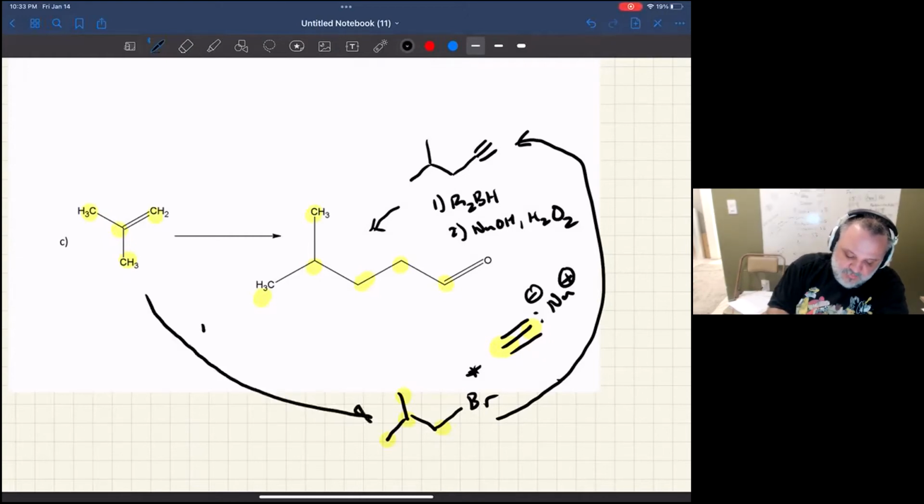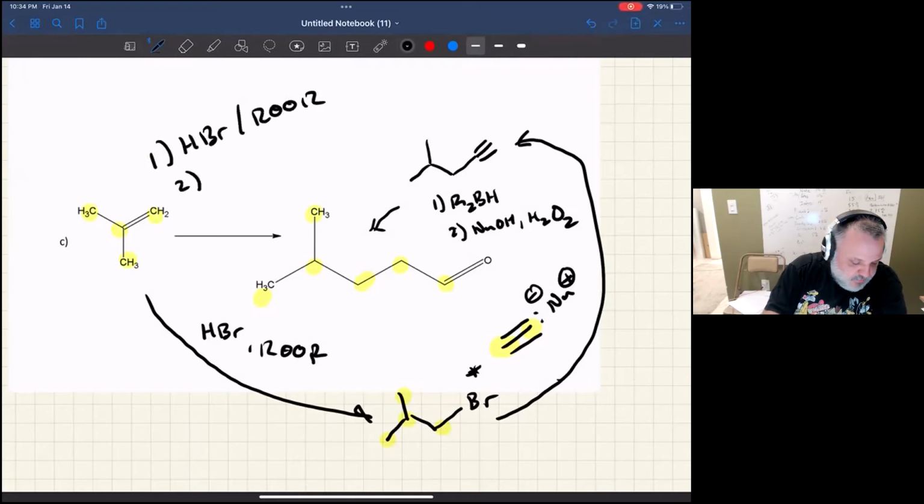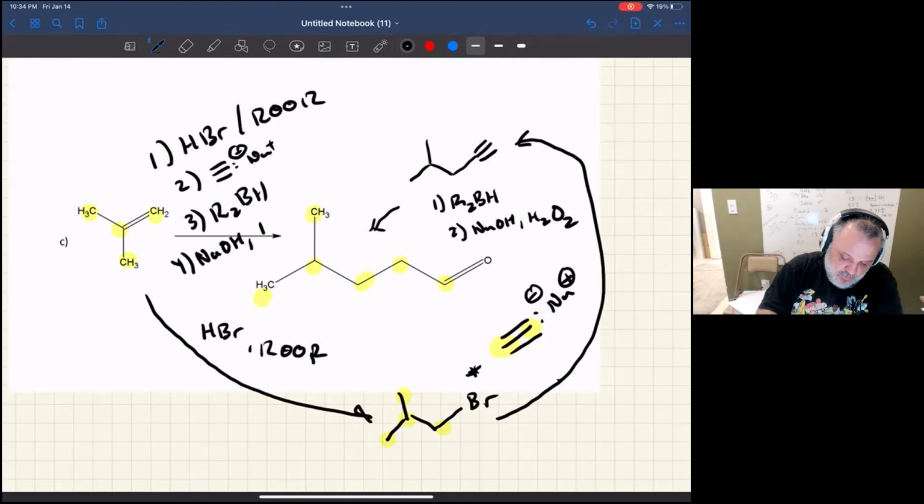Well, this is an anti-Markovnikov addition of Br, so it's HBr and ROOR. So the synthesis to this one is HBr, ROOR, alkynide, and then hydroboration oxidation. Okay, that's synthesis.